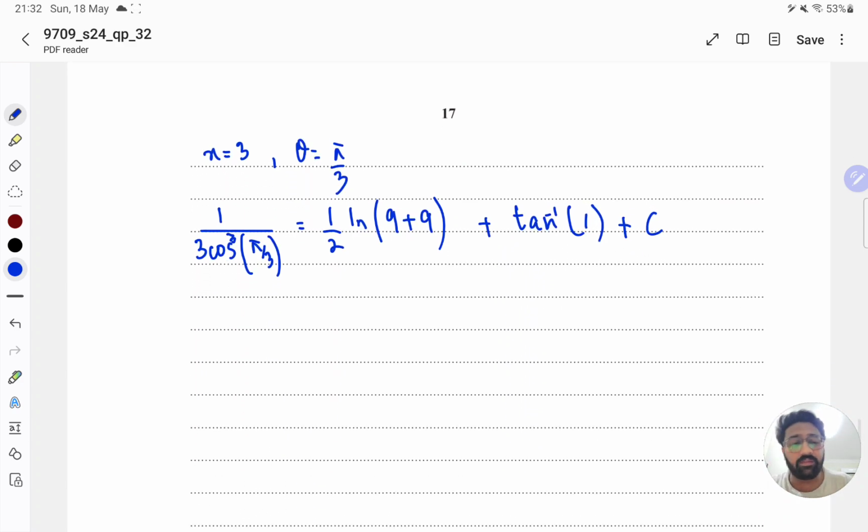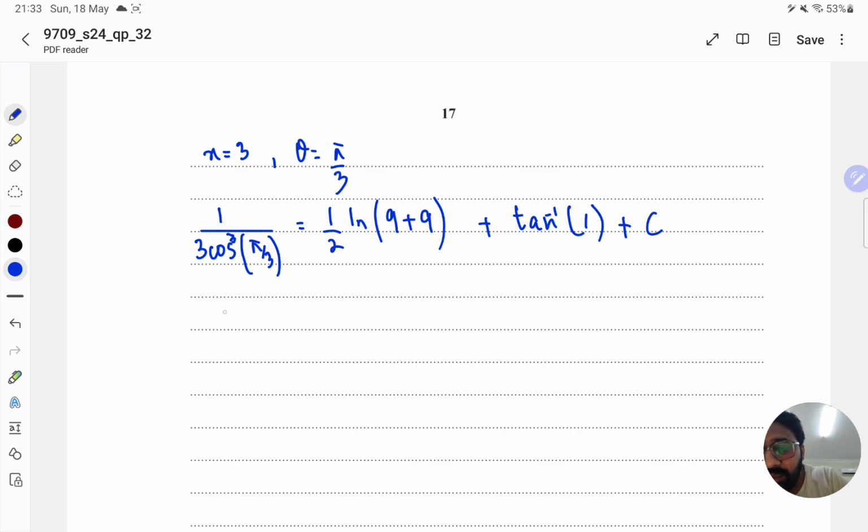Now if I simplify it, it is going to be cos pi by 3, and take the cube: 1 by 2, and if I take the cube it will become 1 by 8.